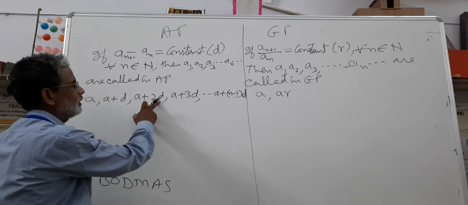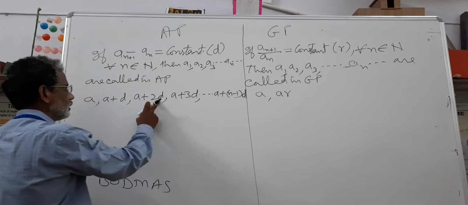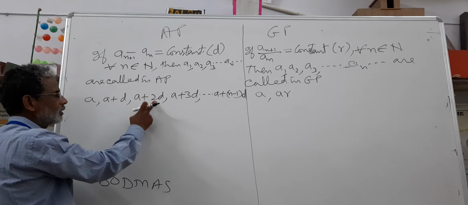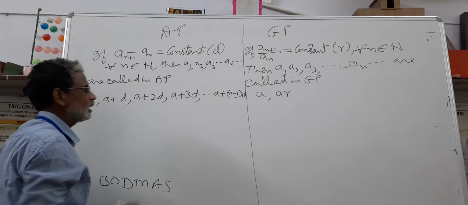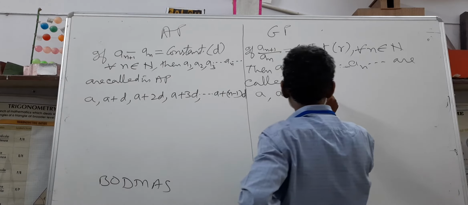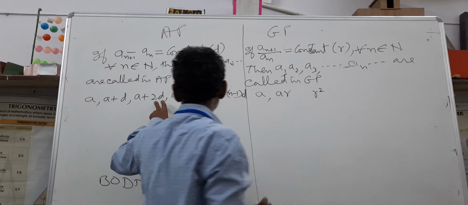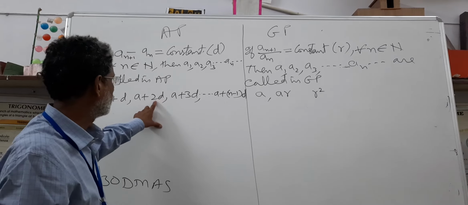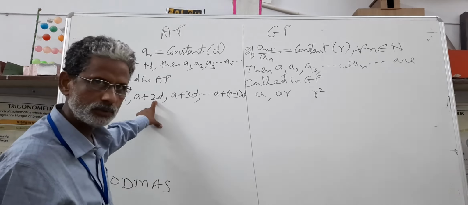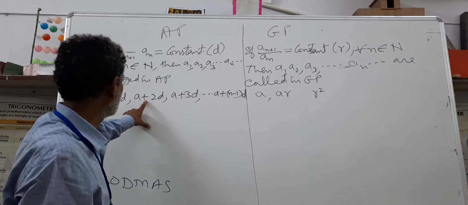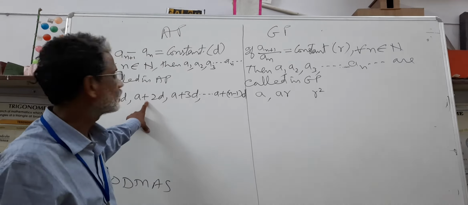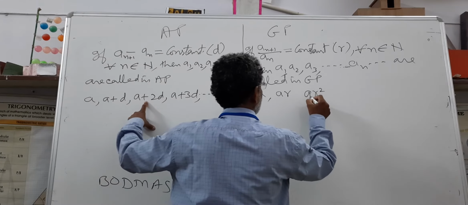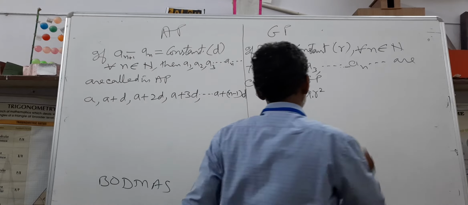d is replaced by r in GP. Then 2 is multiplied. The short form of multiplication is power. It changes to r squared. 2d changes to r squared because d changes to r and multiplication changes to exponentiation, that is, power. Now plus will be solved. The short form of plus is product. Multiply a. This is your third term.